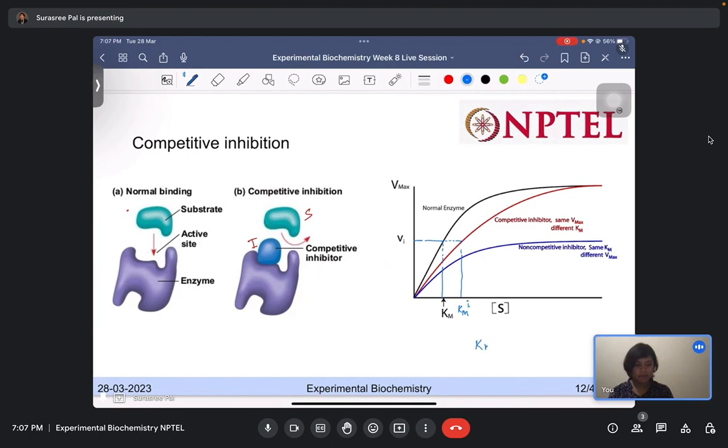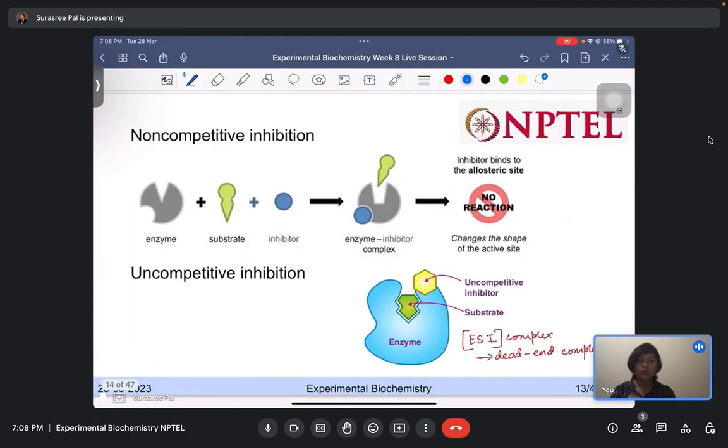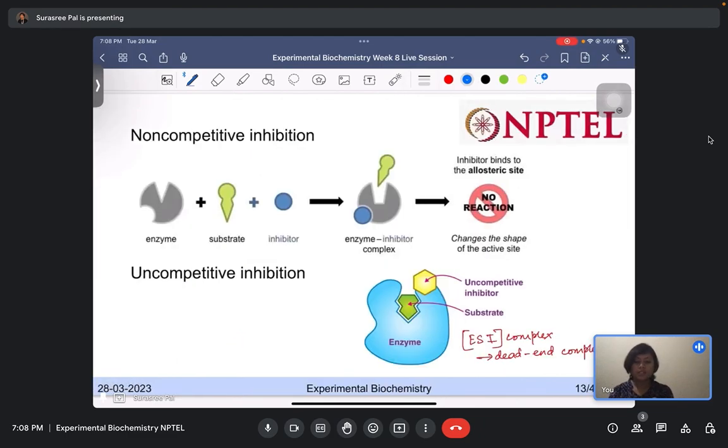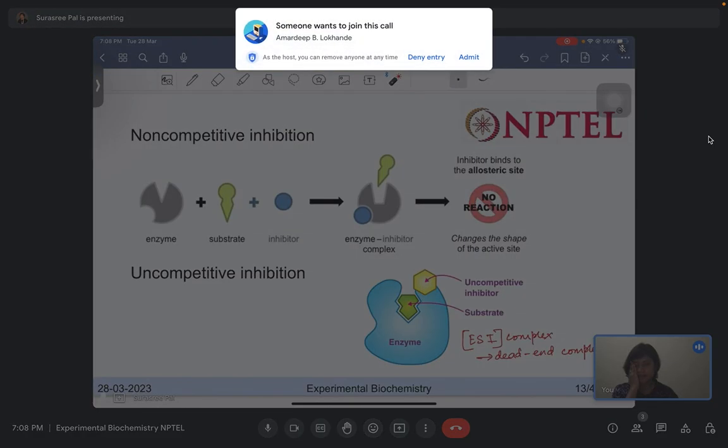So the Km with inhibitor is higher than the Km without the inhibitor, right? That happens in competitive inhibition. Now we will discuss non-competitive inhibition, and we will again come back to this curve. But what is non-competitive inhibition? It basically means that there is no competition.